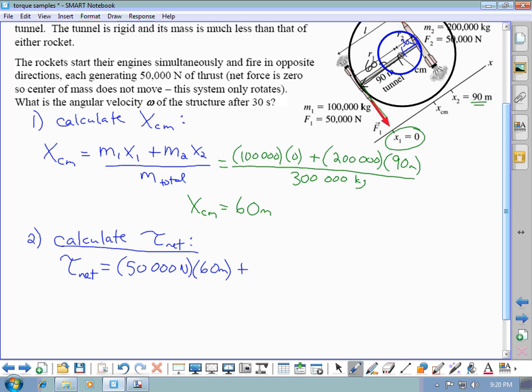And the torque due to the thrust of the engine of rocket 2 is 50,000 newtons times 30 meters. That gives a net torque of 4.5 times 10 to the 6th newton meters, so that's 4,500,000 newton meters.